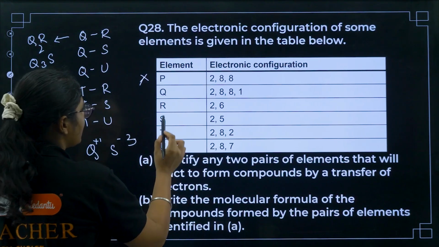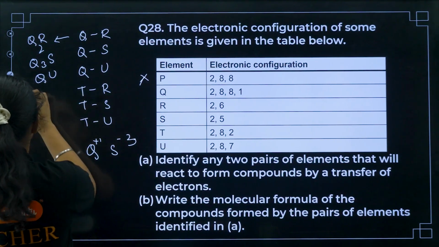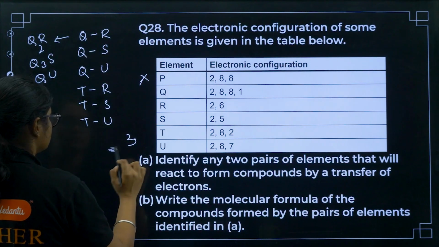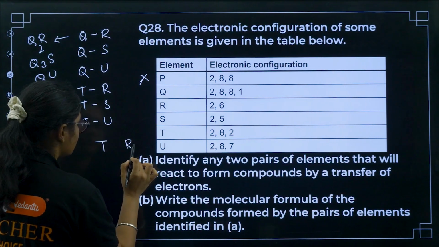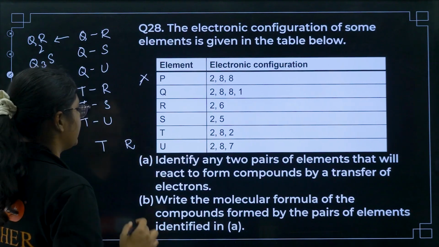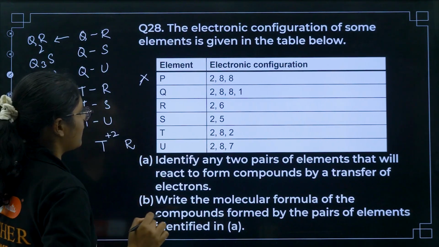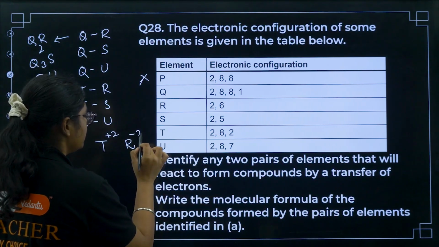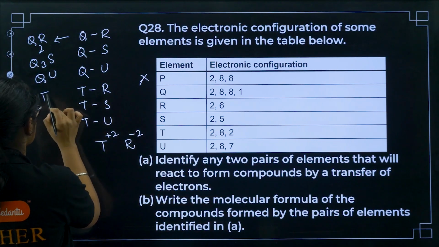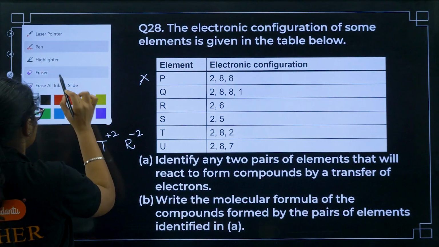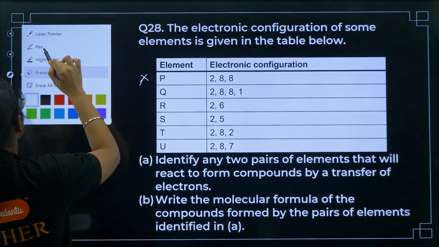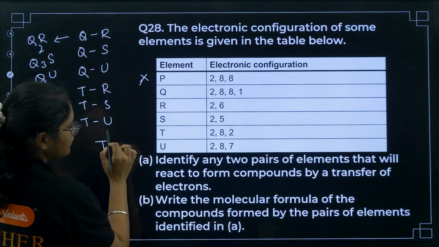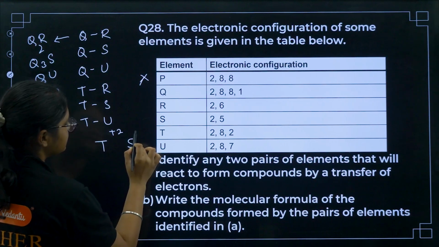Now coming to T and R. T will give +2, and R will gain 2 electrons, -2, right? So you will get TR. Next coming to T and S. T is again +2, S is -3.